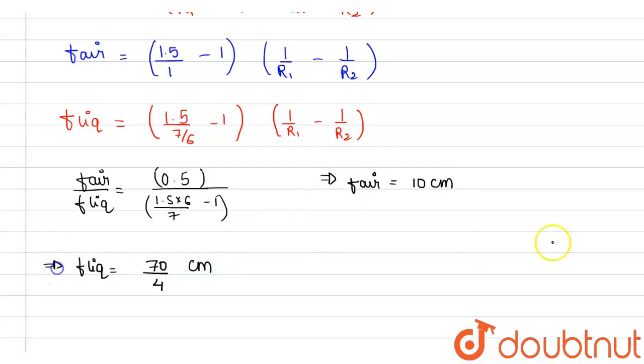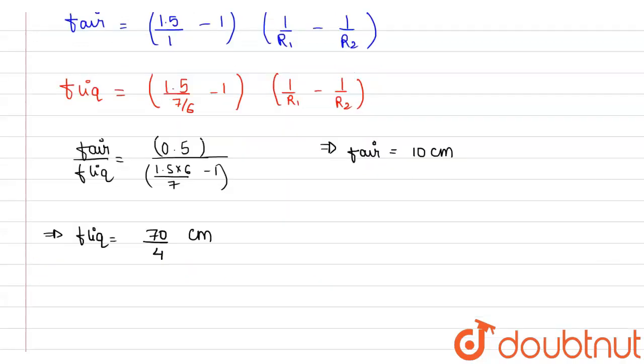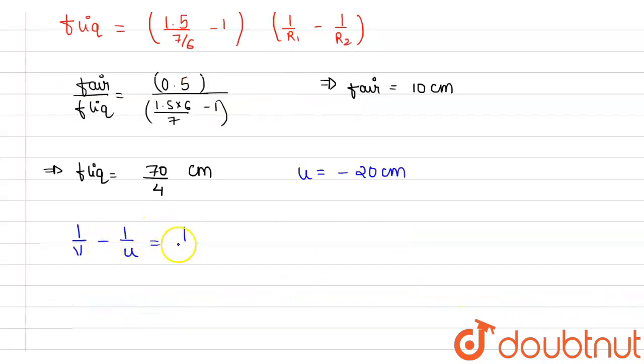Now we have to calculate the position of the image again. u will be minus 20 as before. The lens formula is 1 by v minus 1 by u equals 1 by f, so v will be 1 by f plus 1 by u.